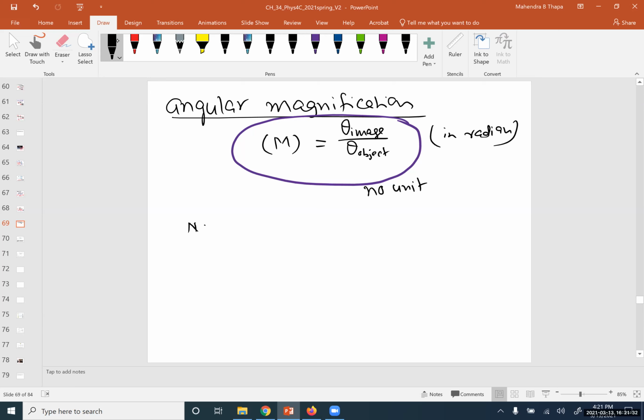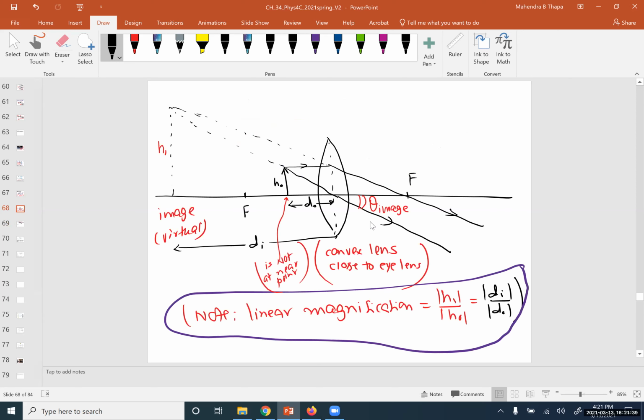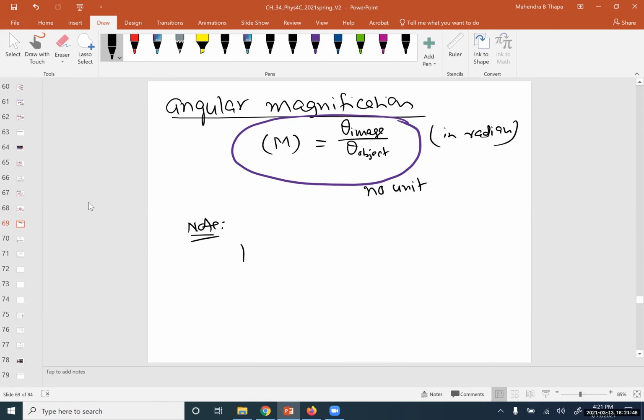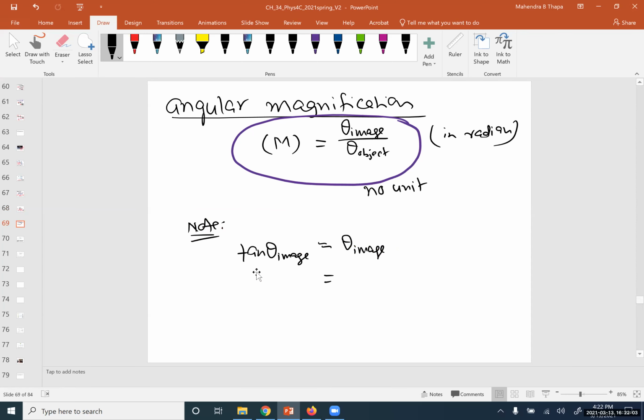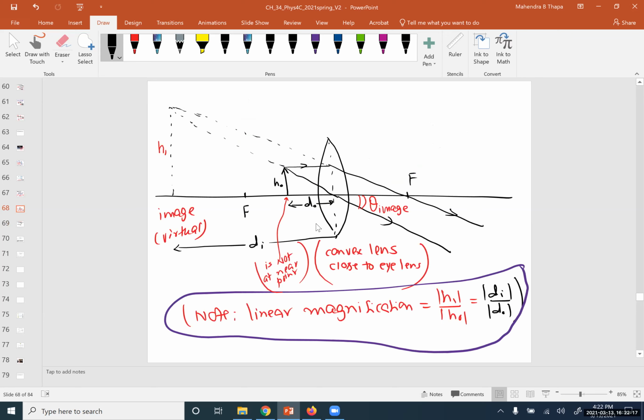Just for note, I will write here again. We can simplify further here, like theta image will be nearly equal to theta image as before, and we can consider this as h0 over d0, and this also equals h1 over di.